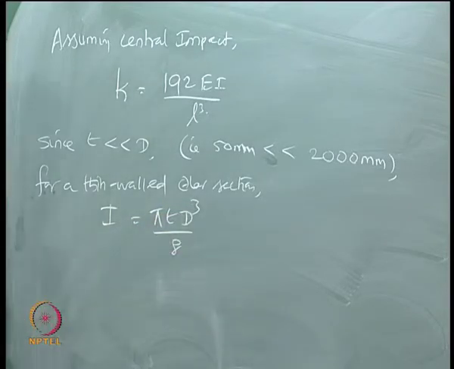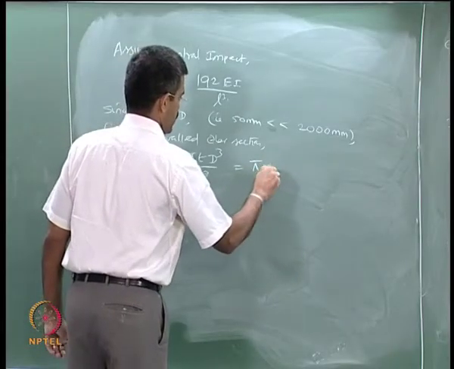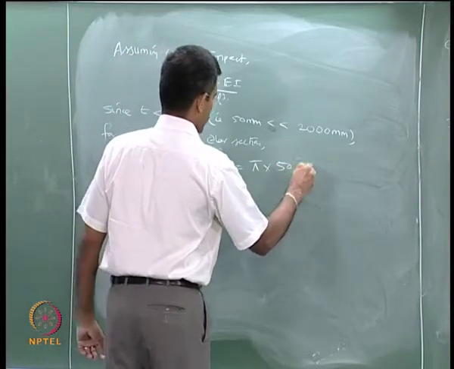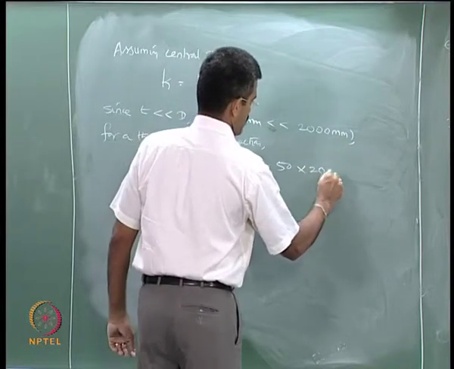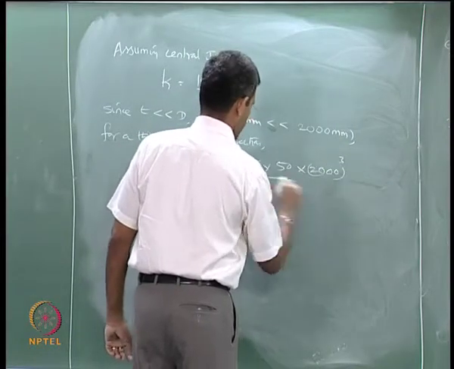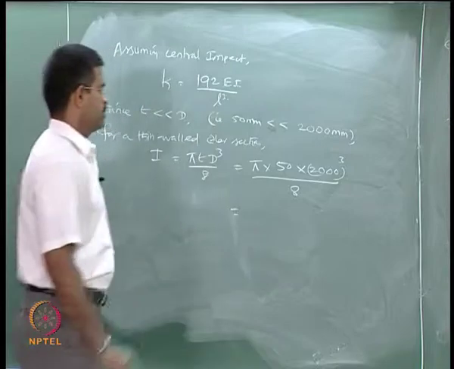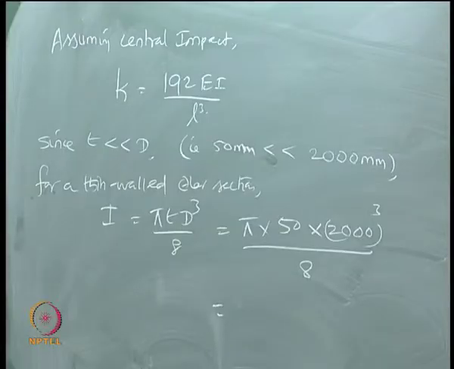Let us compute this for this problem. Pi into 50 into 2000 cube by 8. Can you give me this value?